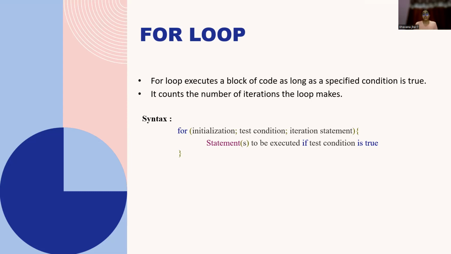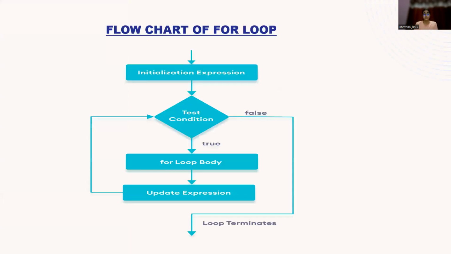Let's understand this for loop through the flow chart, where we have an expression, and we initialize it. Initialization means we have a variable, for example i, which we initialize as 0 or 1, and we have some condition over here. If this condition is true, then we come into the body of the loop. Whatever code is written in the body gets executed, and then the update gets executed.